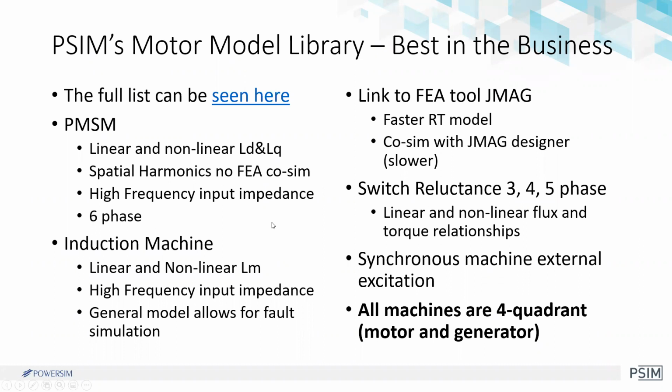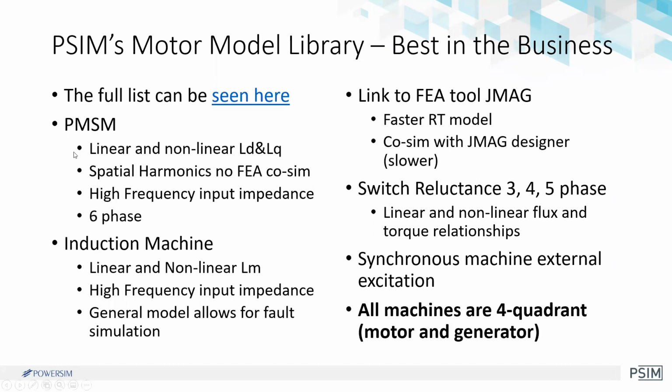The first slide is about our comprehensive motor model library. It's full of different kinds of motors with different levels of complexity, from linear magnetics to non-linear magnetics to spatial harmonics to high frequency input impedance, and different phase counts: 3-phase, 4-phase, 6-phase.